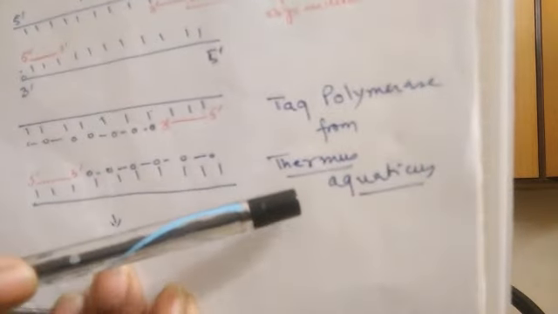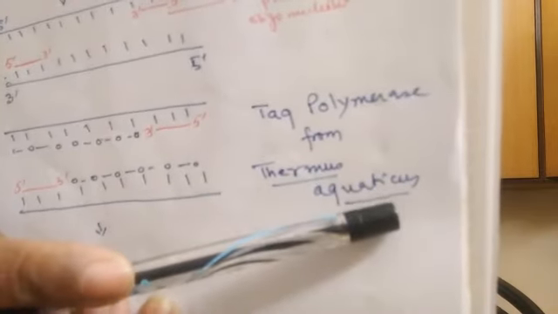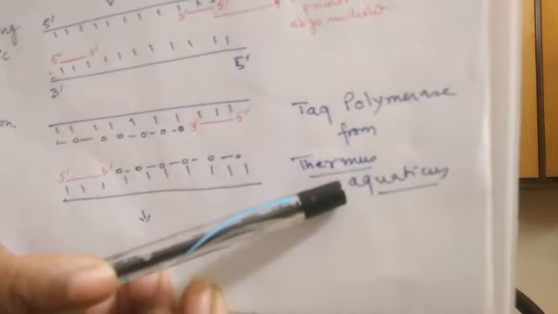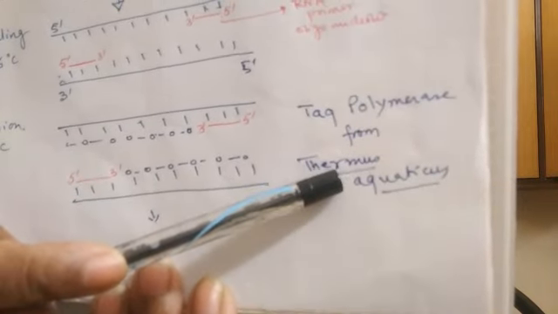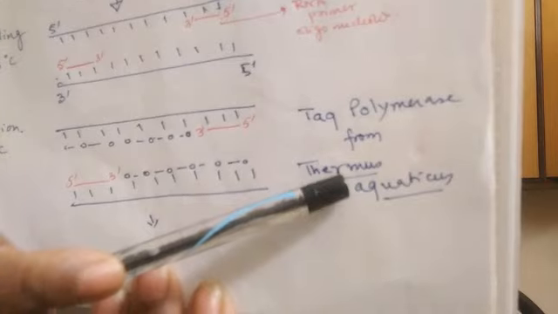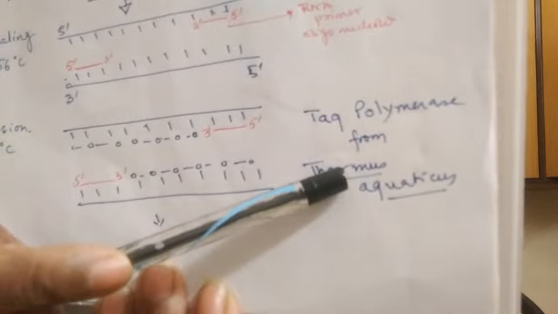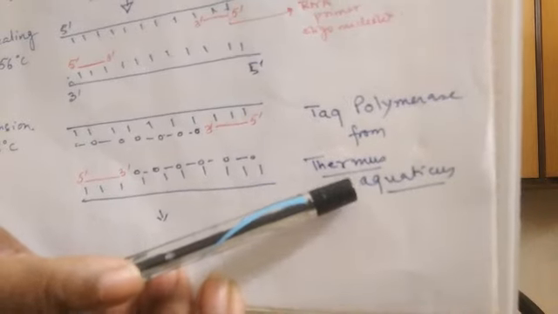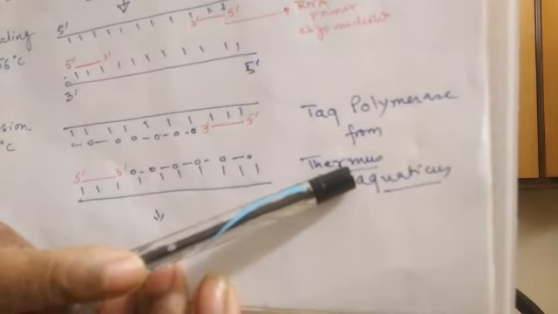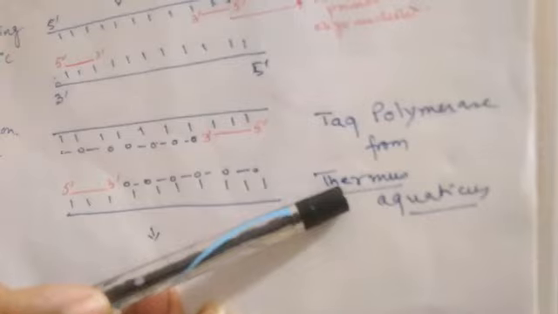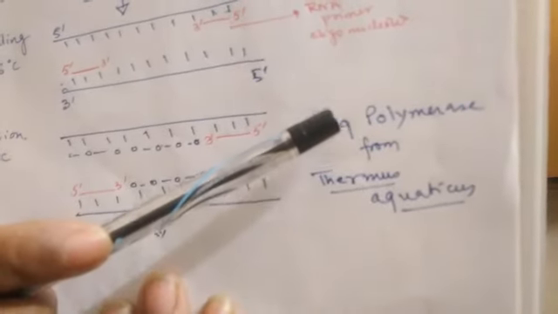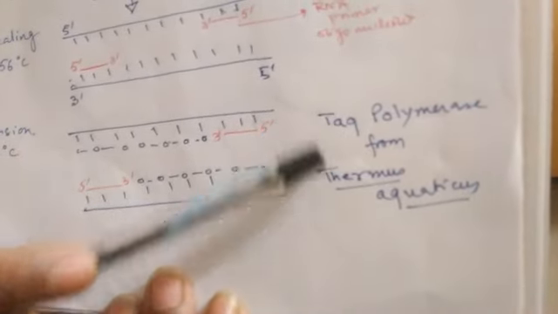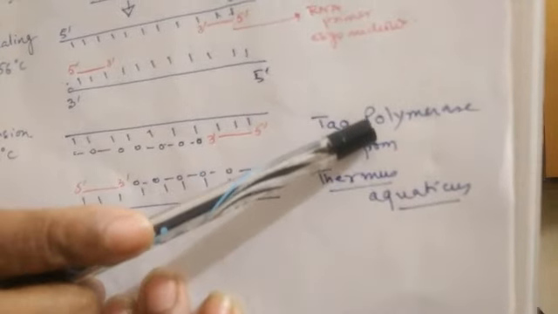The DNA polymerase from this bacterium has been extracted, and this thermostable DNA polymerase is called Taq polymerase: T from Thermus, AQ from aquaticus.